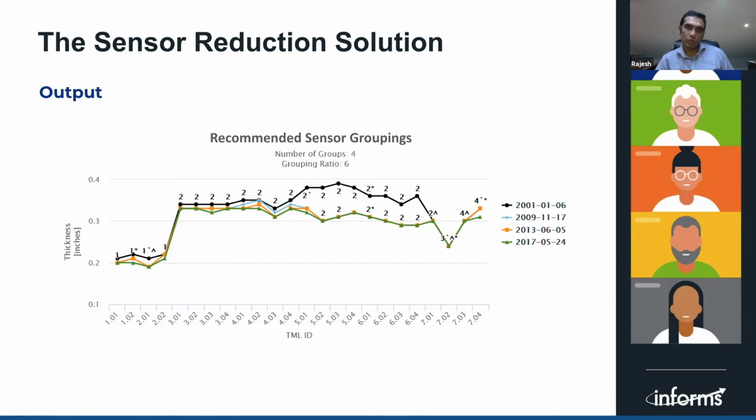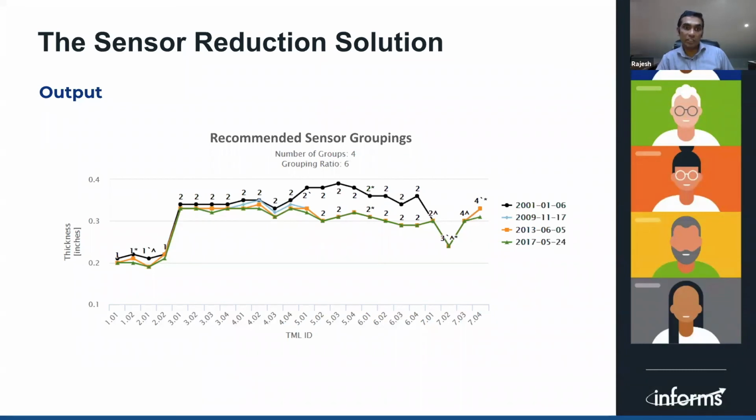So this is the tool: the system makes a recommendation, somebody gives a manual touch to it, and somebody approves it, and they reduce the sensors based on that. This is the solution we took almost a year to build, and it was very well received, and a lot of business people went through it and actually validated, hey, yes, they are redundant, they shouldn't be here.